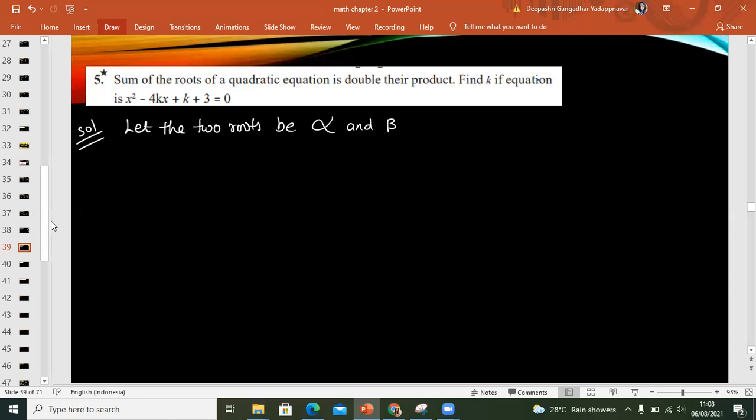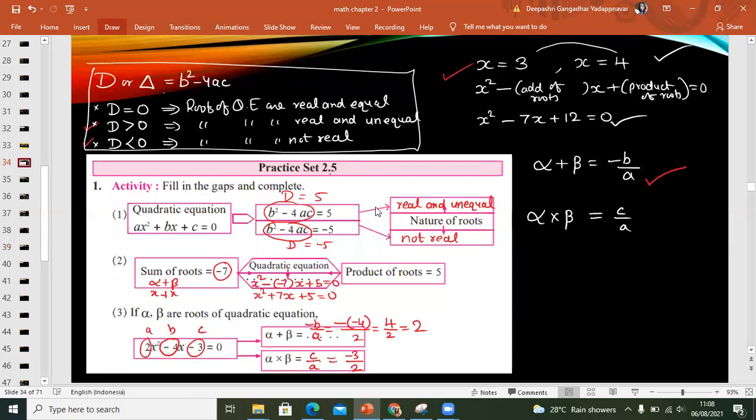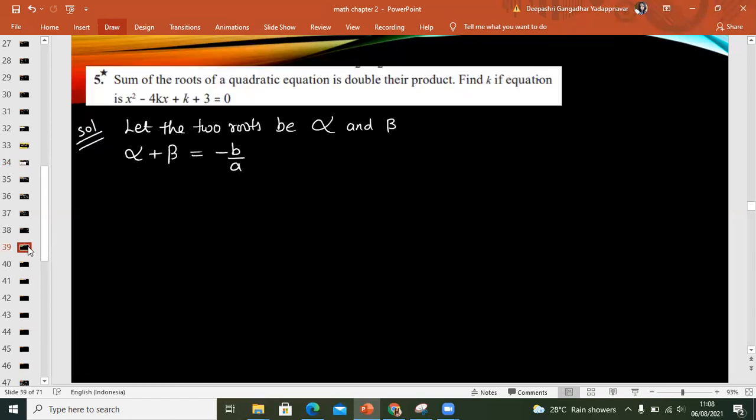This first statement here is sum of roots. So we will write sum, alpha plus beta. So sum of these roots, we have formula already with us, that is minus b upon a, which I discussed in our first slide here. So alpha plus beta is minus b upon a, and alpha multiply beta is c upon a. So we are going to use that same formula here.